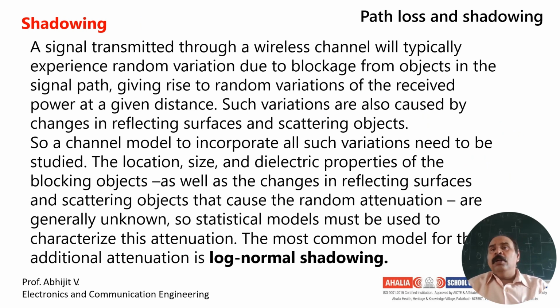Shadowing. After we have studied two-ray modeling, now we'll see the effects of shadowing in a signal. A signal transmitted through a wireless channel will typically experience random variation due to blockage from objects in the signal path, giving rise to random variations of received power at a given distance.